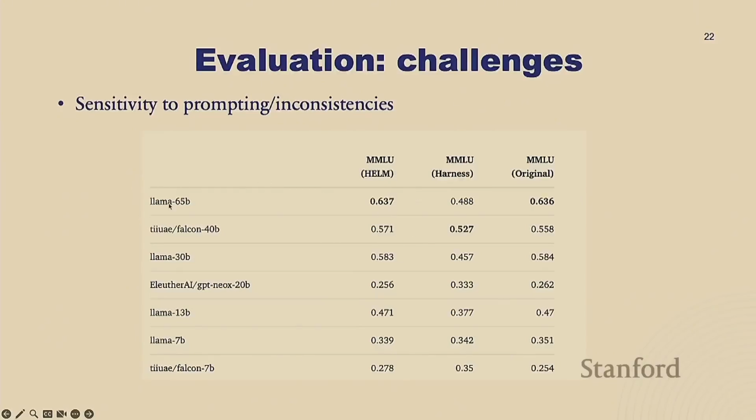For example, Llama 65B, which was the first model of Meta in the Llama series, had 63.7 accuracy on Helm, but on this other benchmark had 48.8.